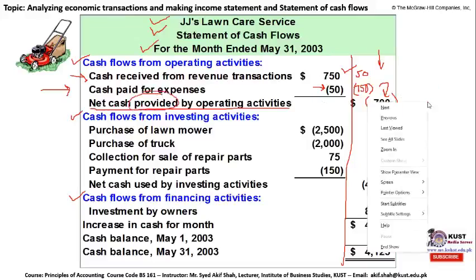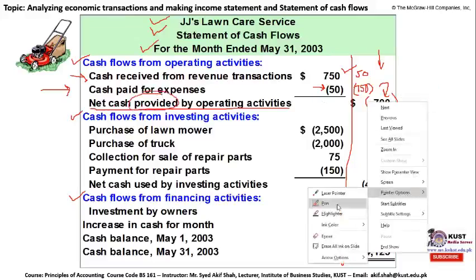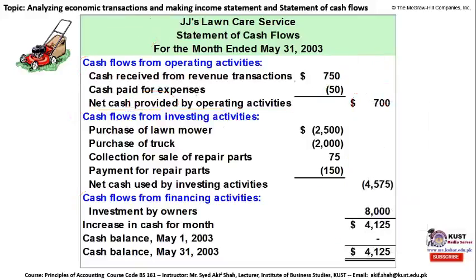But let's discuss what the actual case is. Here it is, the first section completed, and the net cash provided by operating activity is mentioned in the final column against the first section.